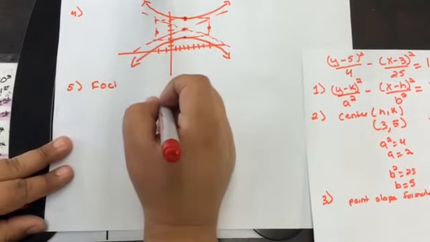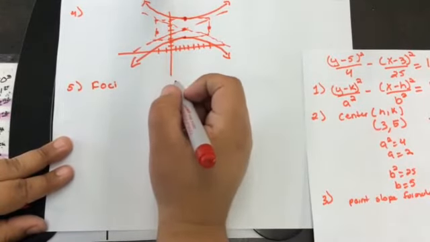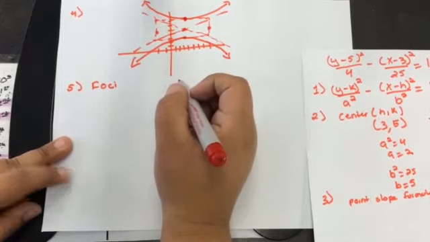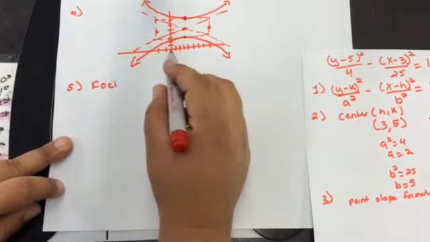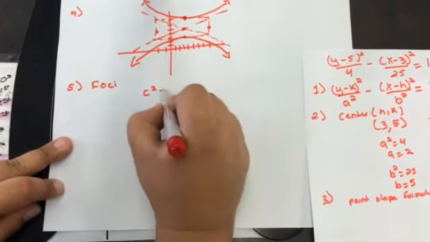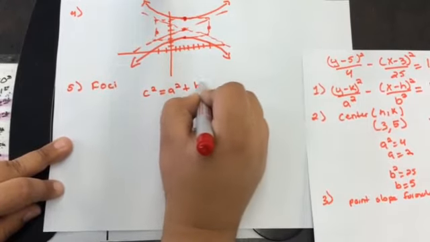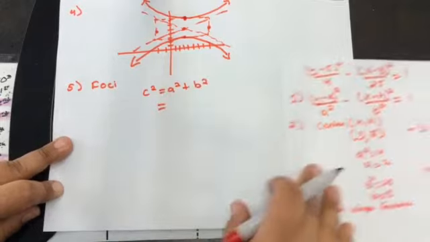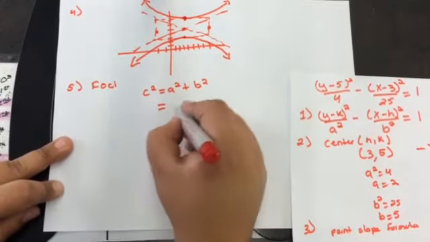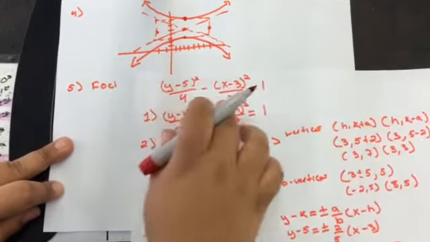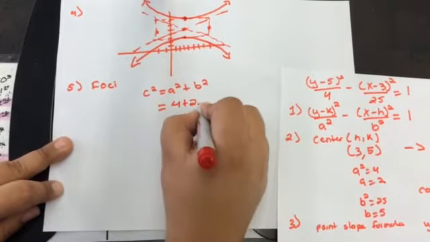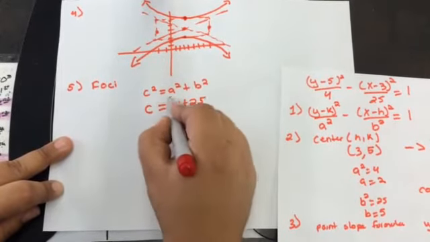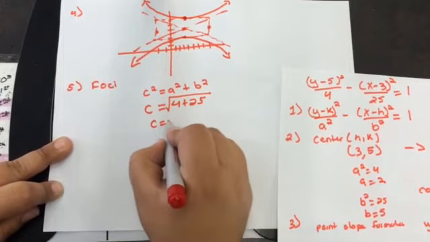Remember that for the ellipse, to find the foci, it was c squared equals a squared minus b squared. Well, now for the hyperbola, it's going to be c squared equals a squared plus b squared. So a squared was 4, and b squared was 25. So c equals the square root of 29.